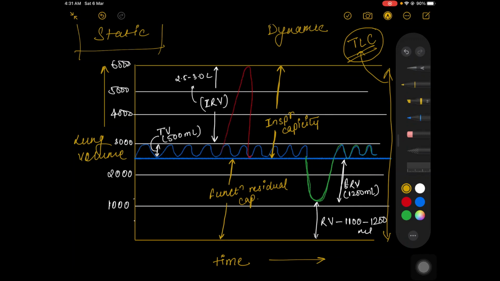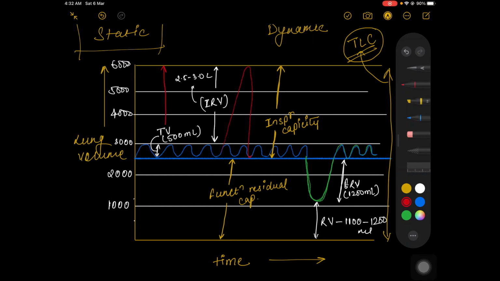And if I remove the residual volume from the total lung capacity, what will I get? I will get the vital lung capacity, or the VLC.